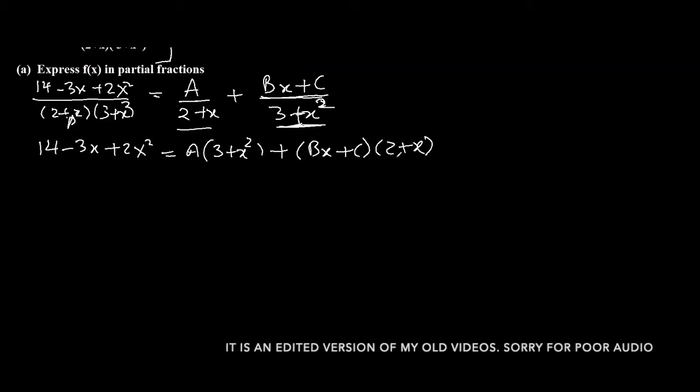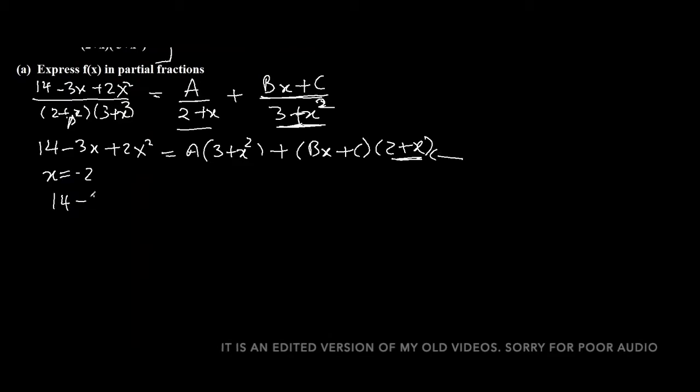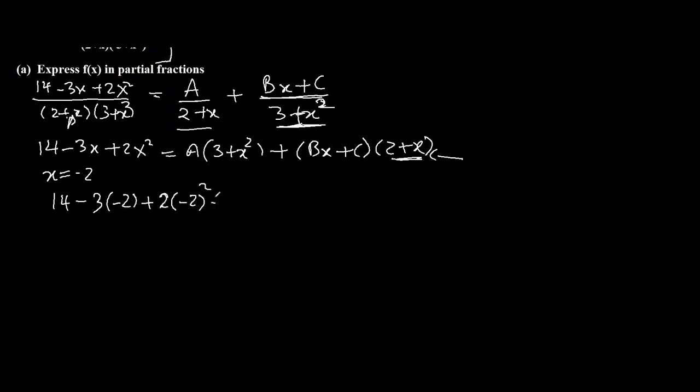Now let's assume x is equal to minus 2. So we'll substitute minus 2 in the whole of it. Purpose is that this part gets cancelled out. So 14 minus 3 times minus 2 plus 2 times minus 2 squared equal to A times 3 plus minus 2 squared, plus 0.